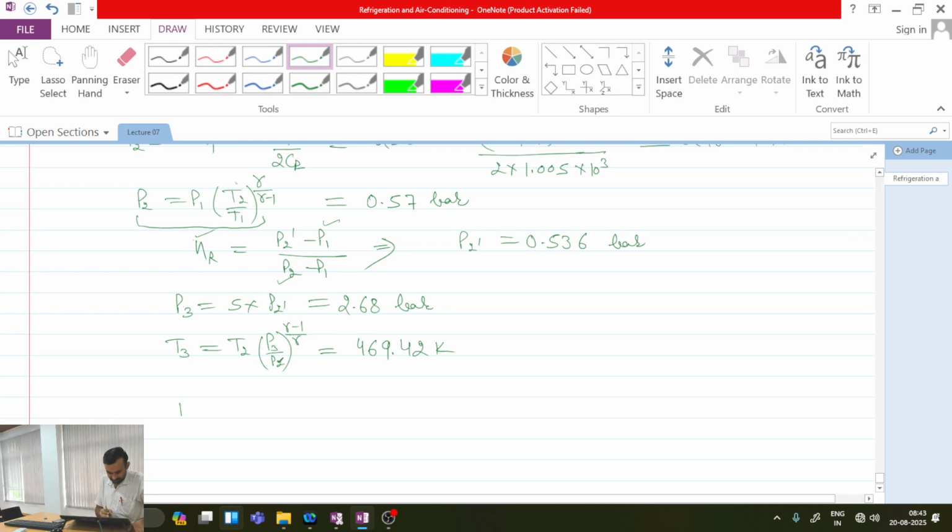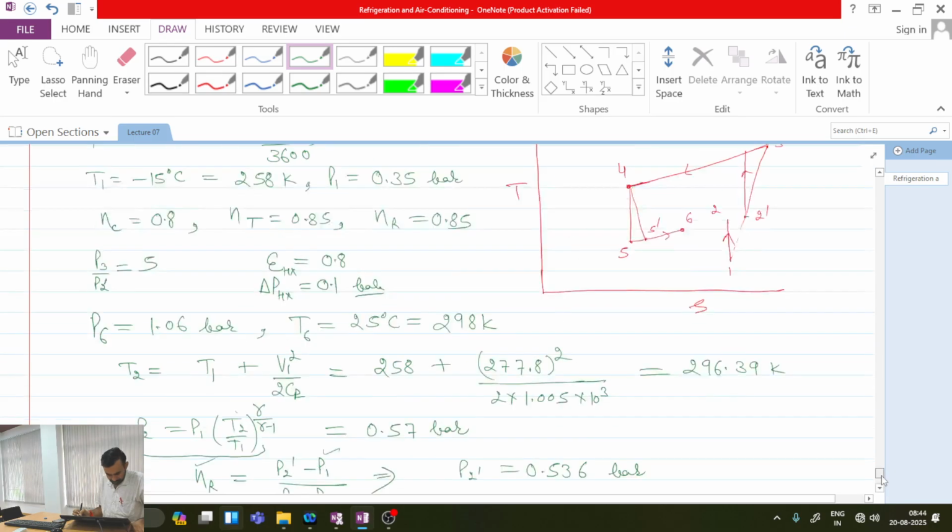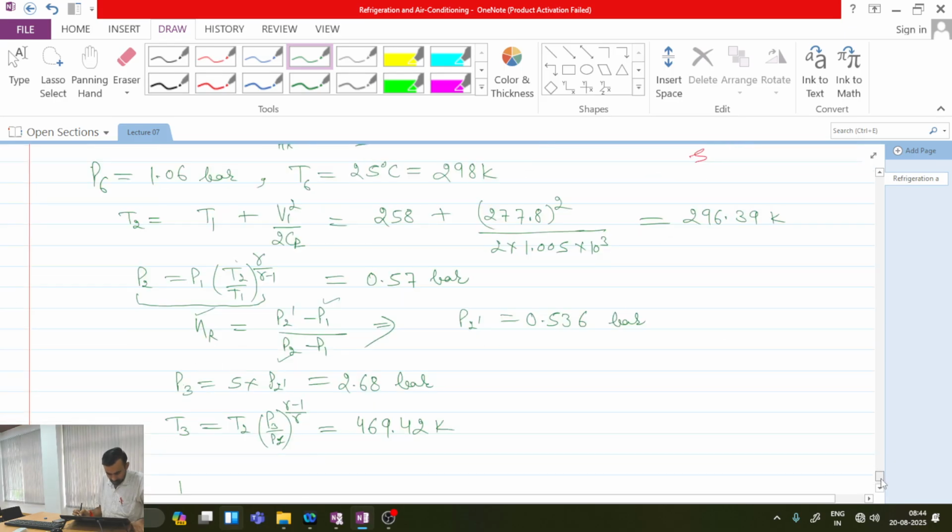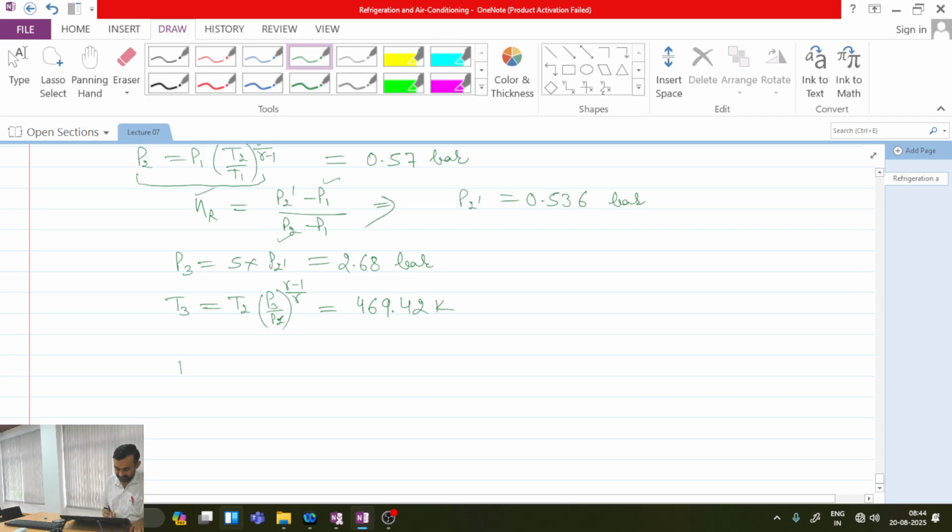Okay, T2 dash I have calculated. You can calculate T2 dash also very easily now. Okay, so what will be the efficiency of the compressor?